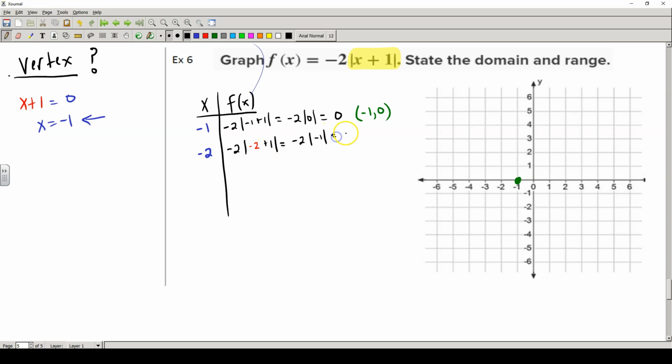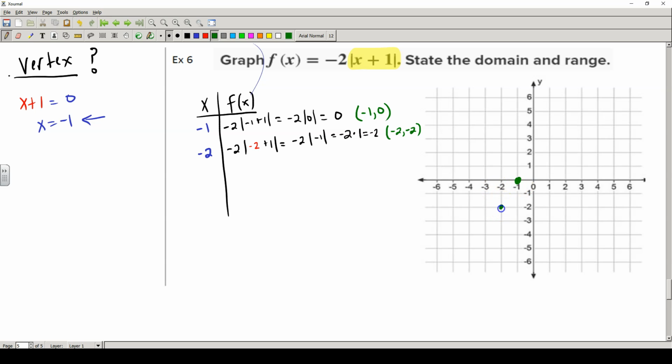Well, this is going to be -2 times the absolute value of that, which is +1. So it's -2 times 1, which is -2. So all in all, if I plug in -2, my output is -2. And so -2, comma, -2 is another point on my graph.